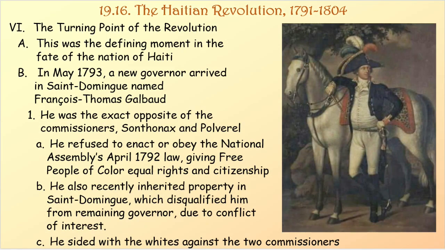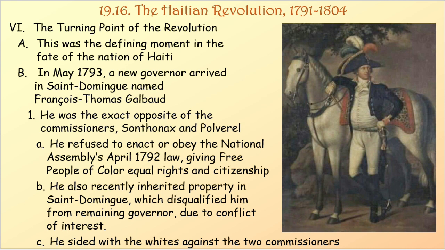The turning point of the revolution. This was the defining moment in the fate of the nation of Haiti. In May 1793, a new governor arrived in Saint-Domingue named François Thomas Galbaud. He was the exact opposite of the commissioners Sonthonax and Polverel.